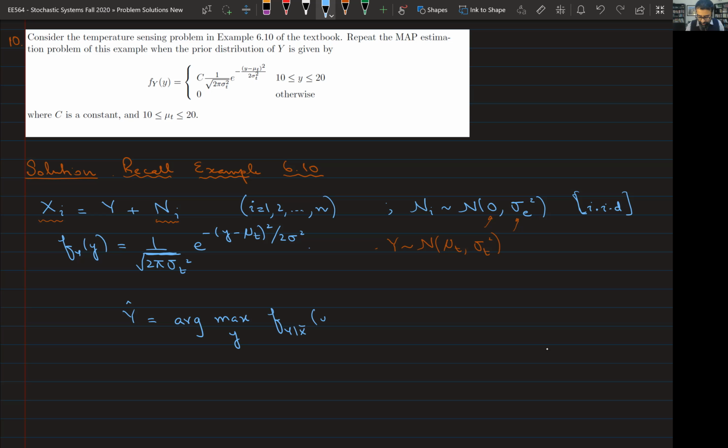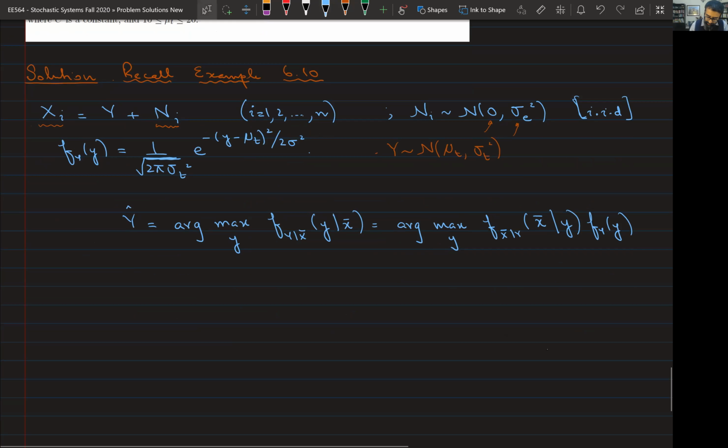I know that this is the same as argmax over y of f of x bar given y times f_Y of y, using Bayes' theorem, where x bar is all of the observations. And there's a denominator term, but that denominator is independent of y, and therefore it has no role to play in the optimization.